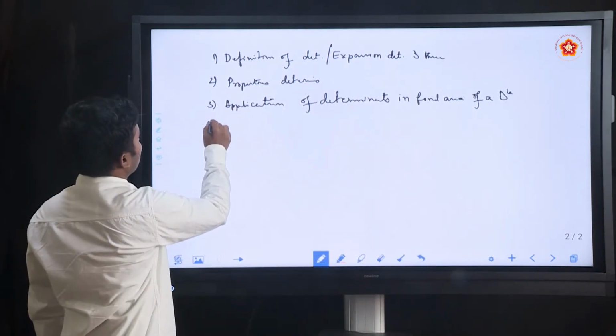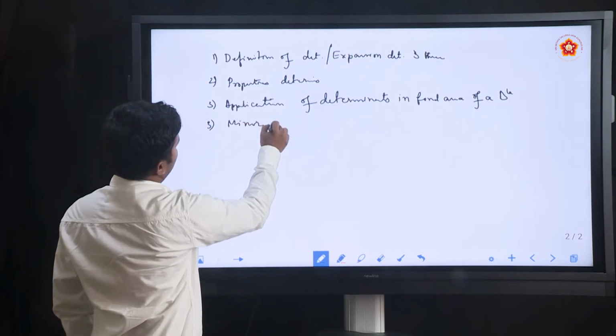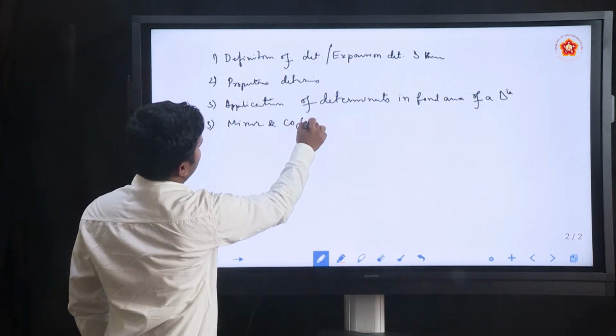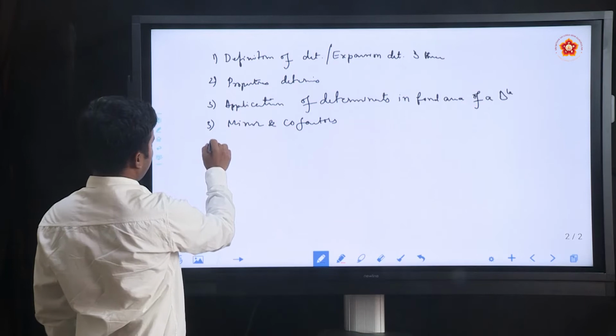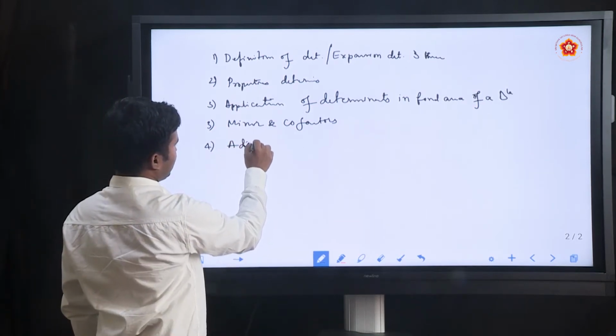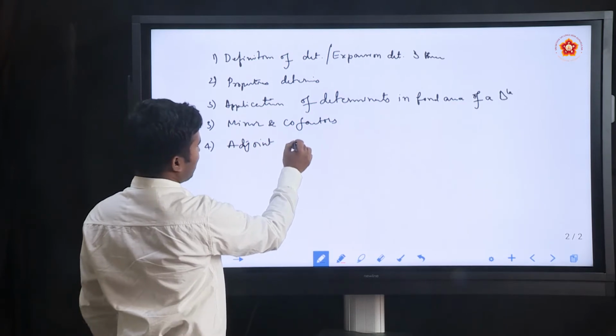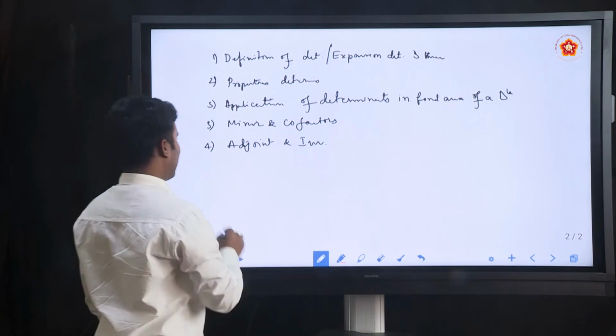Next we have to study minors and cofactors, and next we are going to study finding the adjoint of a square matrix, and we can also find the inverse of a matrix.